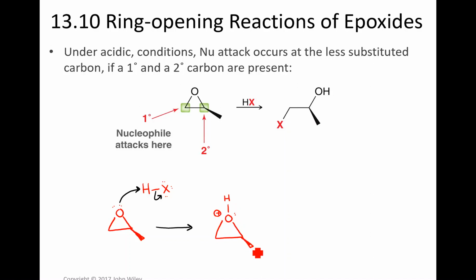So we have the protonated epoxide and the bromide or chloride, for example, that gets kicked out during the proton transfer.